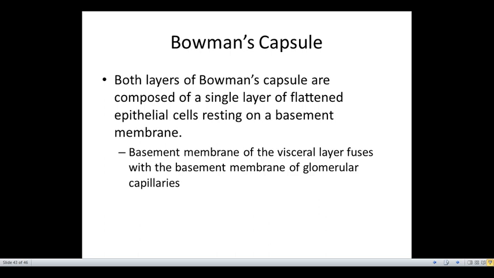Both layers of Bowman's capsule are composed of a single layer of flattened epithelial cells resting on a basement membrane. And this basement membrane of the visceral layer fuses with the basement membrane of glomerular capillaries.